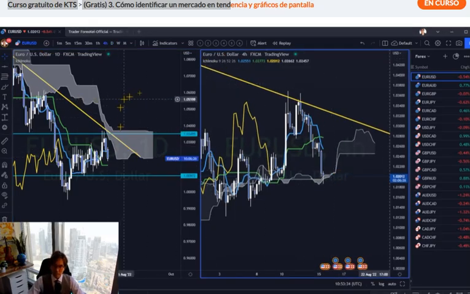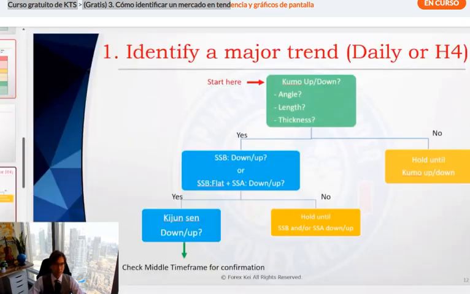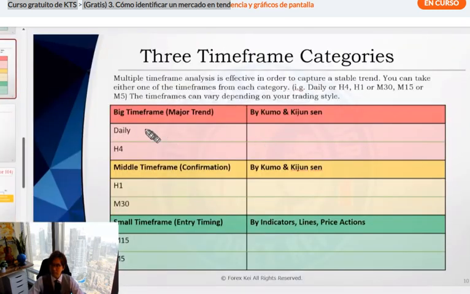So again, in this example, Euro USD, coming back to this slide, the daily Kumo is flat, and the H4 Kumo is also flat. So I check the Kumo first, and then I also look at the Kijun Sen.